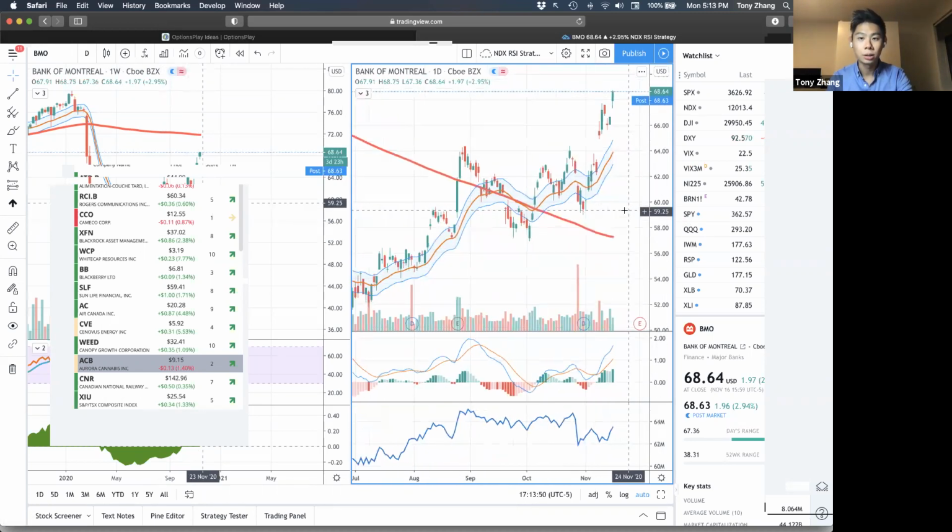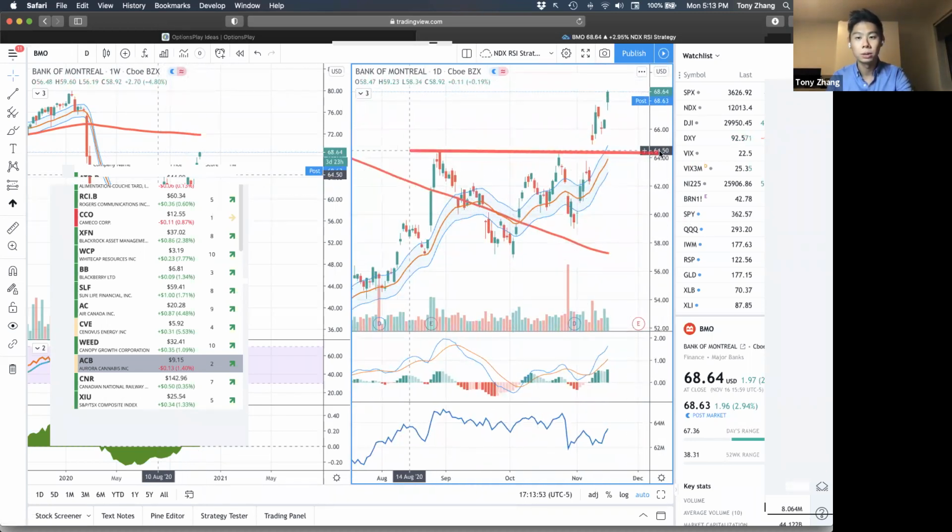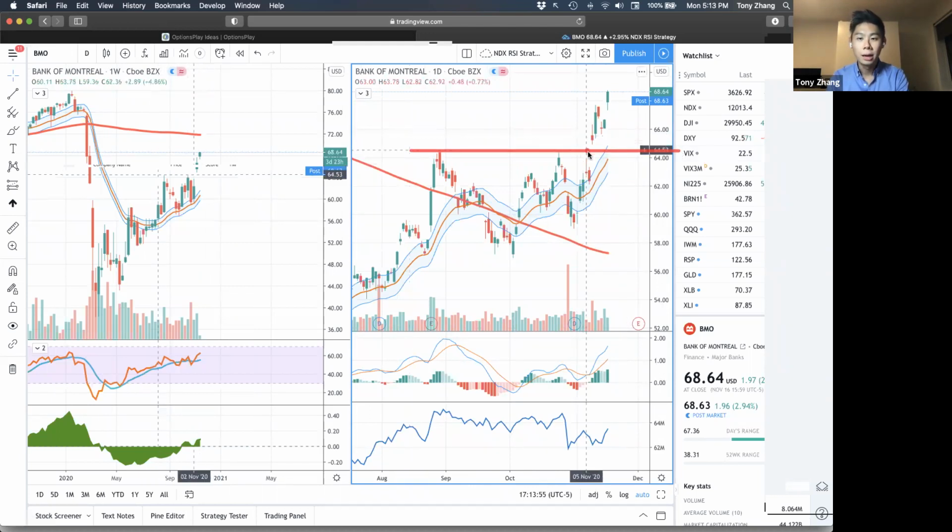Let's zoom in a little here. So this is the $64 resistance level, 64 and a half. It broke out above that level, came back a little bit to test this support level. That is an opportunity to look for further confirmation. When you get this type of pattern, that is a good pattern showing you that this is a stock that's breaking out above resistance and is now going to continue moving higher.